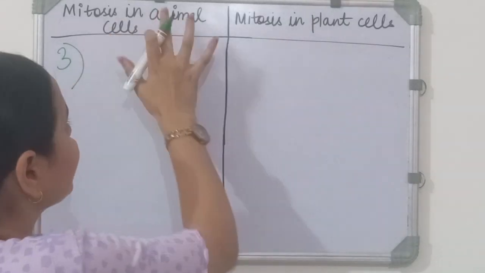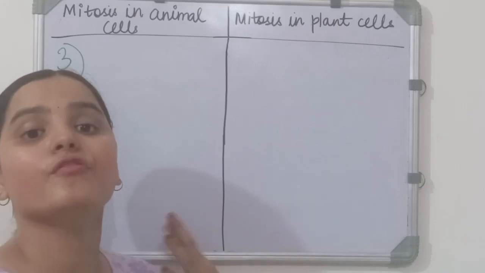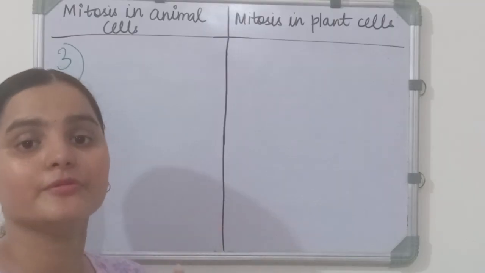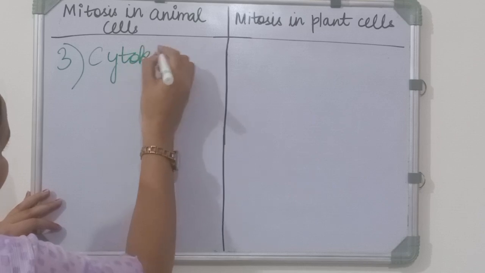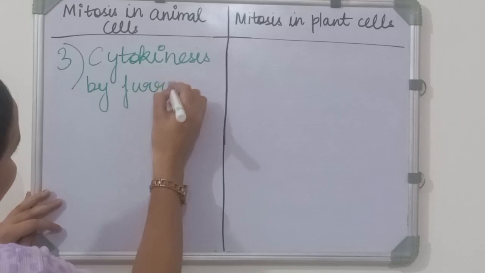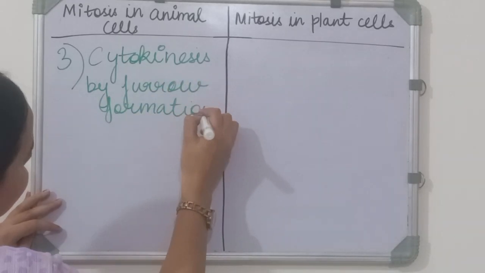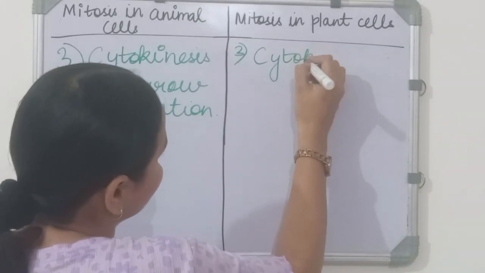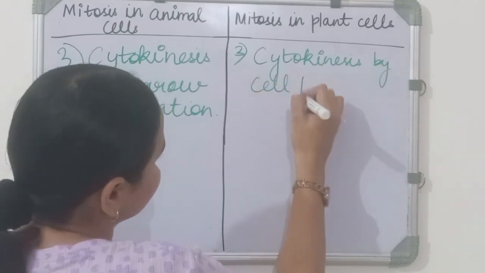Now, let's see the third difference. In animal cells, cytokinesis occurs with the help of furrow formation, while in plants, a cell plate is formed for cytokinesis. So let's write it. Cytokinesis by furrow formation, and here cytokinesis by cell plate formation.